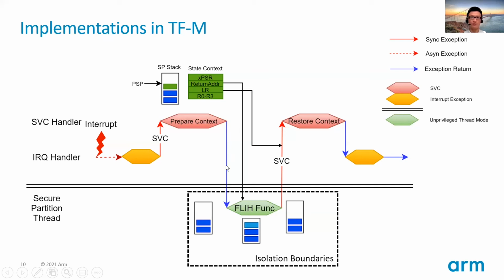So when the exception return happens, the PE unstacks from the PSP you have set to this state context to form an initial execution environment for the FLIH function, and the stack goes back to the state without the state context, and the FLIH function executes in this secure partition stack.